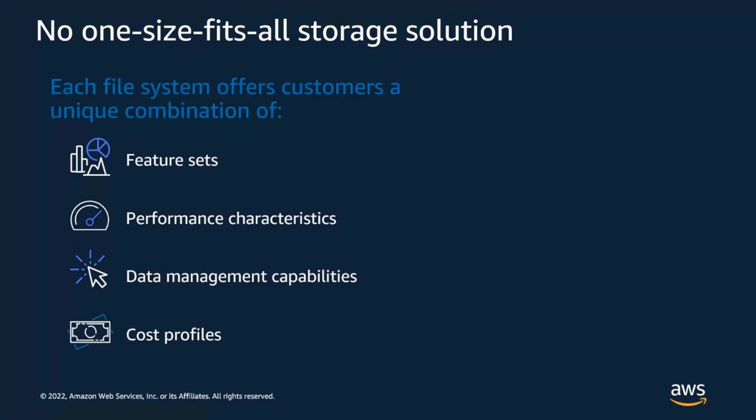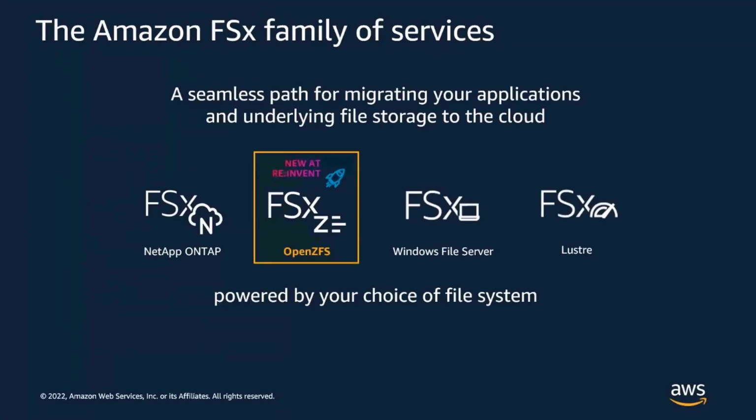And as a result, if you have a workload running on an existing file solution, it can be really time-consuming and really costly to move to a new one. You'd have to re-architect your application, you'd have to re-platform, you'd have to re-qualify. And these are all things that are costly and really slow down your ability to move to the cloud and innovate faster. And that's why we launched the FSx family of services.